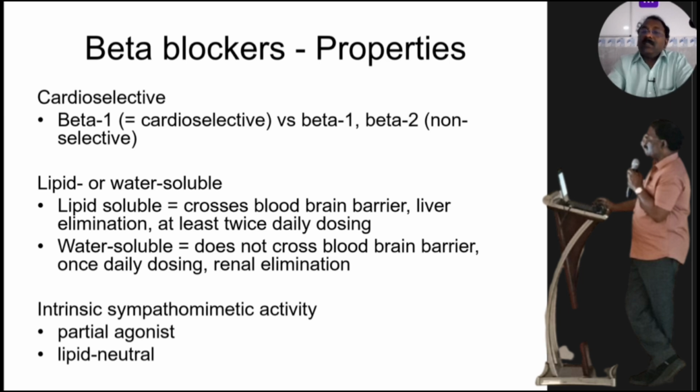That is the reason we use propranolol for tremors, in the management of glaucoma, and in essential tremors, anxiety, aggressiveness, palpitations, etc., because they cross the blood-brain barrier. Water soluble ones do not cross the blood-brain barrier, have once daily dosing and renal elimination.